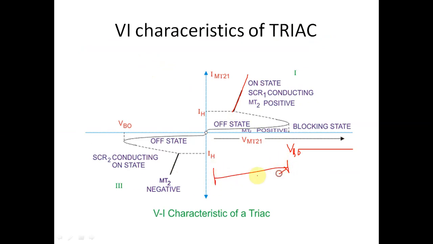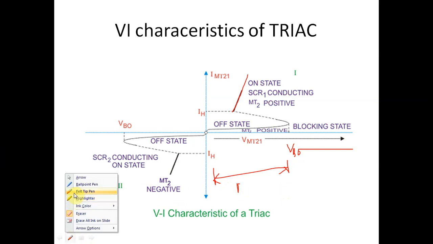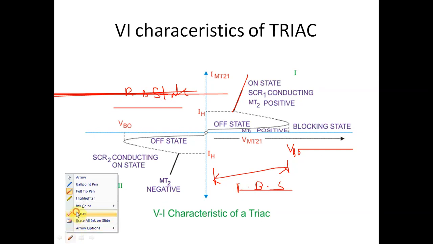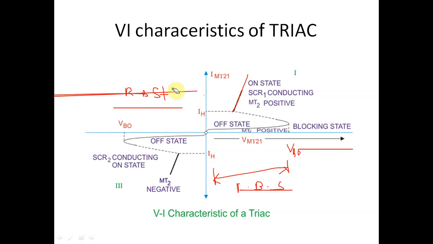This state is called the forward blocking state. This one is the reverse blocking state. This one is the forward blocking state.